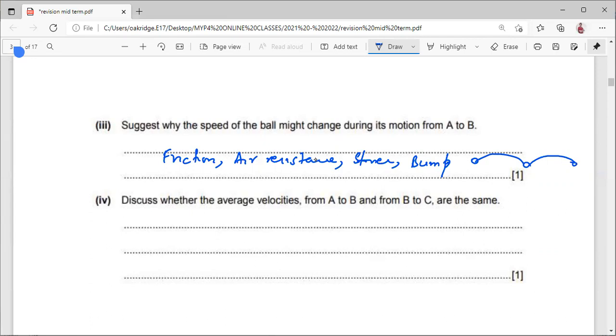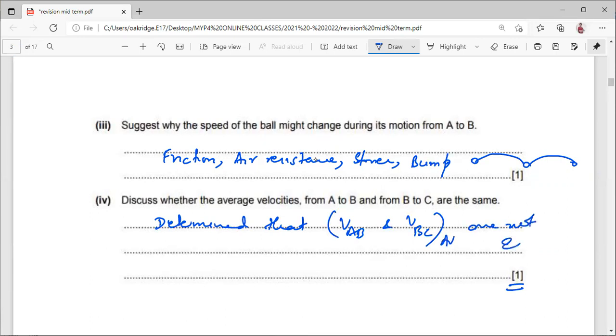Discuss whether the average velocity from A to B and B to C are the same. No, that is a 1 mark question. So we have determined that VAB and VBC averages are not equal, right? Magnitude also, and direction also changes.